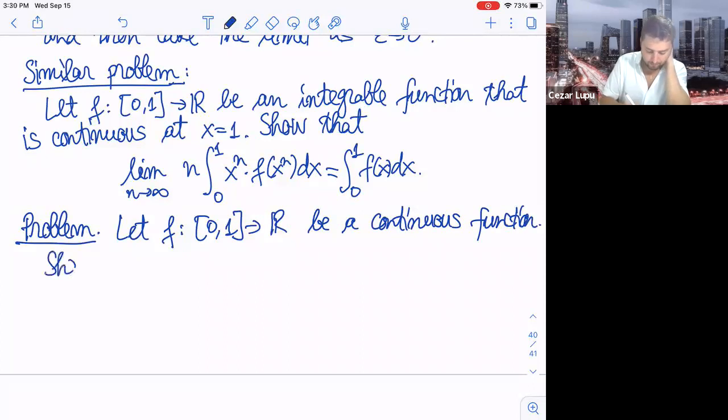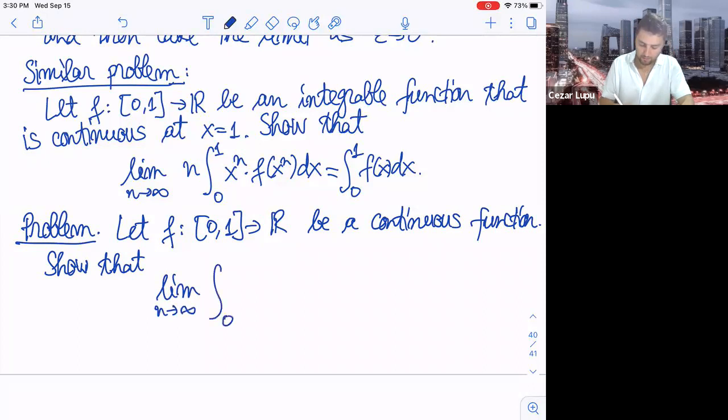Show that the limit as n approaches infinity of the integral from 0 to 1 of f of x over nx squared plus 1 over n, well, I modified it a bit, this would be pi over 2 times f of 0. Okay.